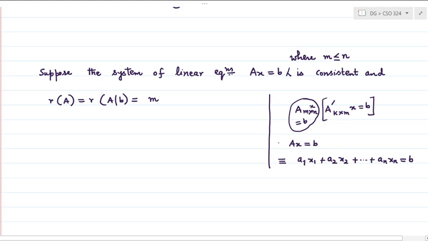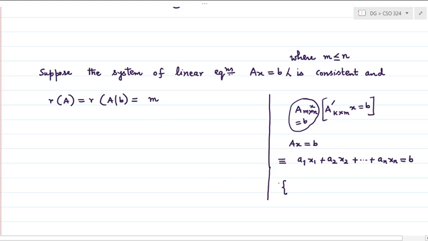Once the rank of the matrix is equal to m, there is at least a collection of m many column vectors out of A1, A2 till An. Out of n columns of the matrix capital A, you have at least one set of m columns which is linearly independent. Then only the rank of A is equal to m, right?